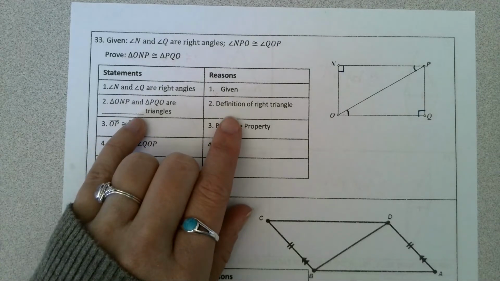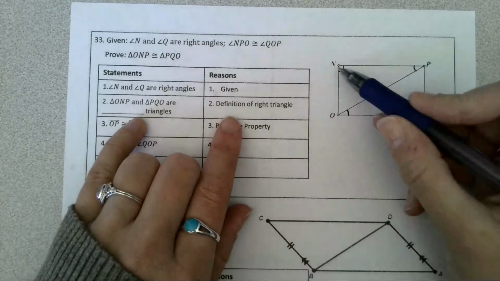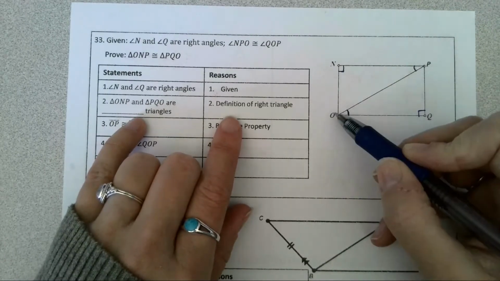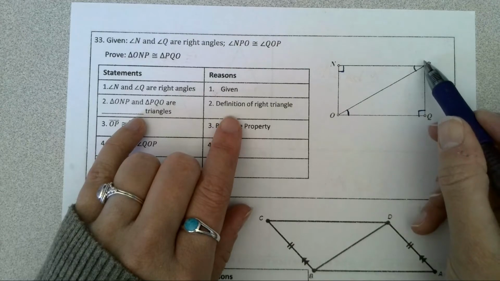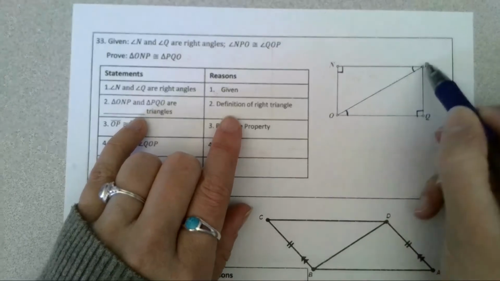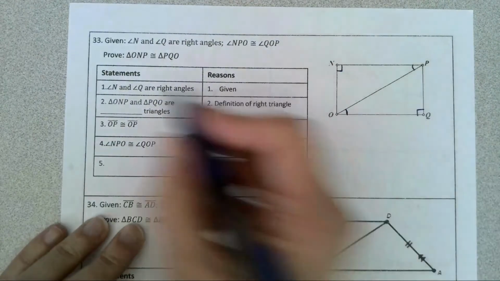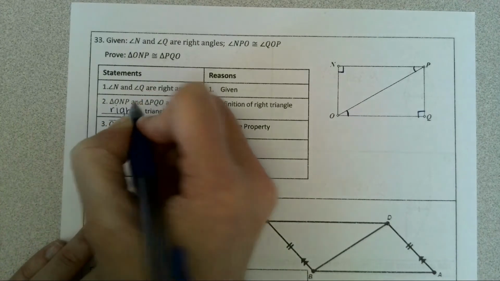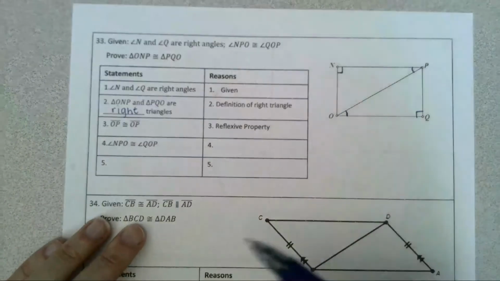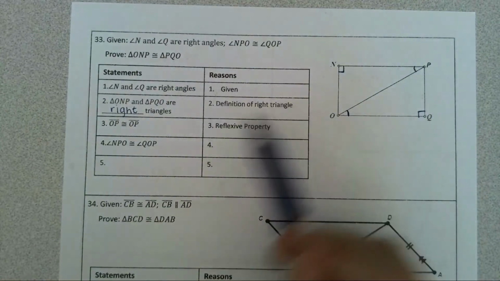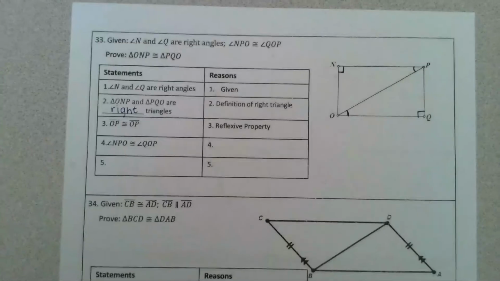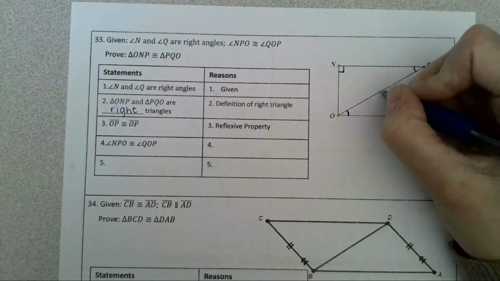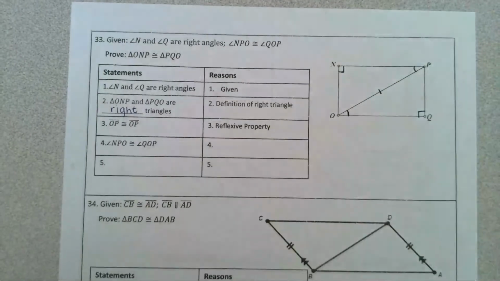Now it says triangle ONP, that's this top half of the rectangle, and triangle PQO, this one here, are, well, these have to be right triangles because one of their angles is a right angle, and that's the definition of a right triangle. I do know that OP is congruent to itself by the reflexive property.